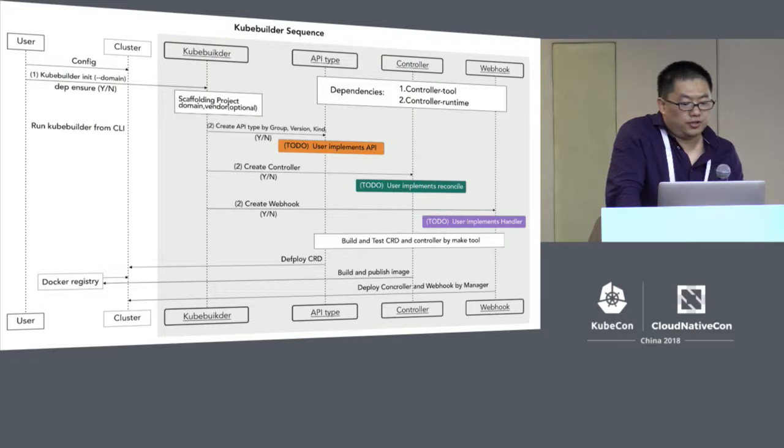Kubebuilder takes command line options like domain to initialize the project and scaffold it. The user decides the vendor dependencies, creates versioned kind APIs, controllers, and webhooks individually, and implements the business logic only in the colorful blocks.